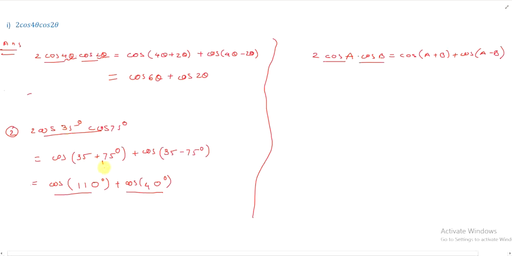Now we can solve one more example here, an example of the type: prove the following. Sin 8x plus sin 2x upon cos 2x minus cos 8x is equal to cot 3x.